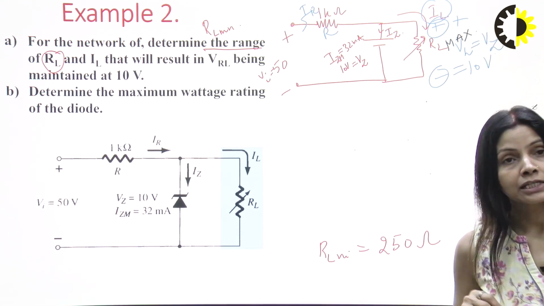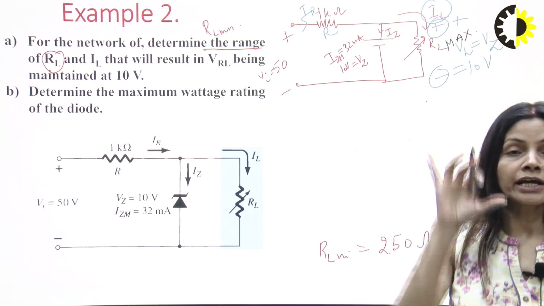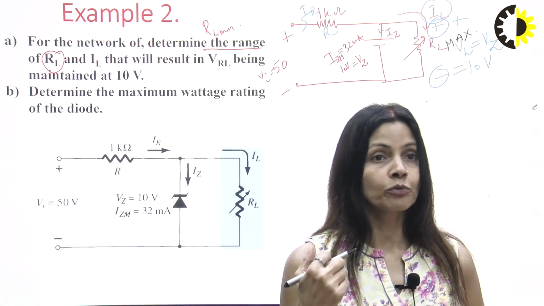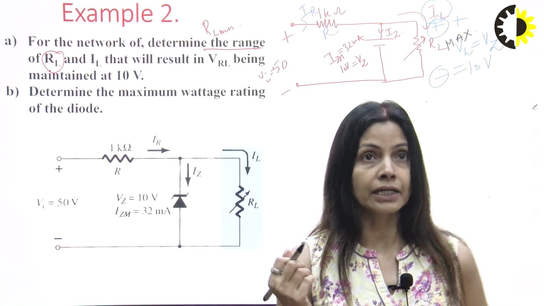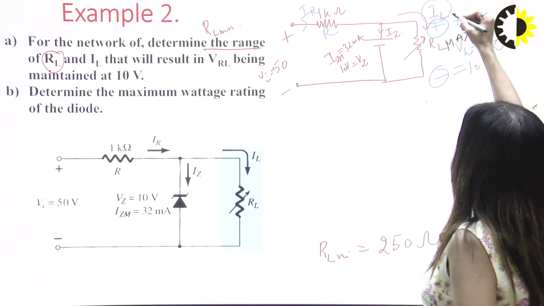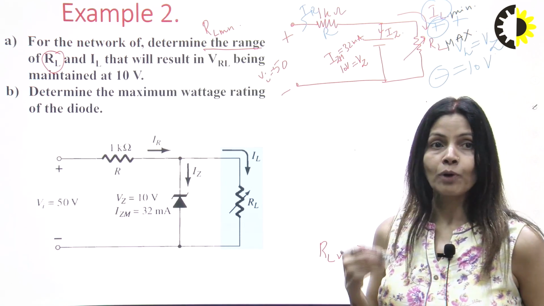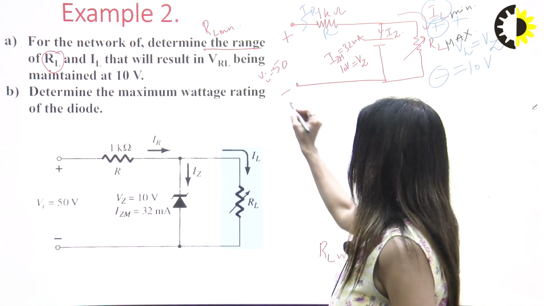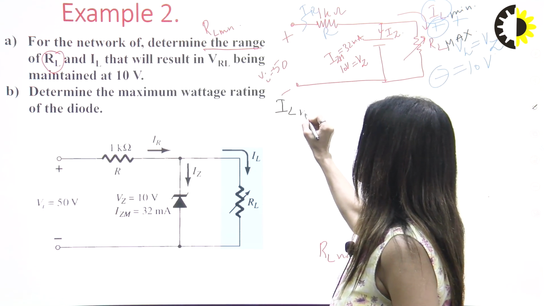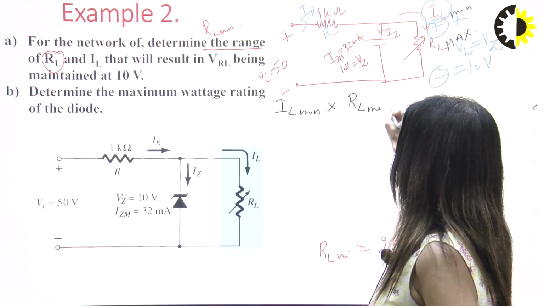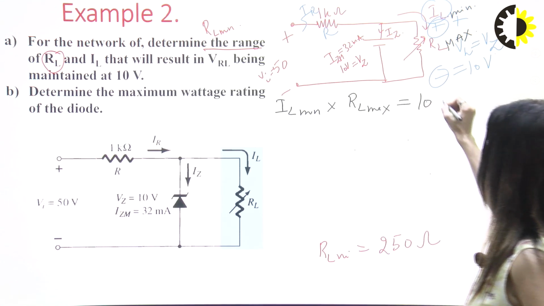If RL is maximum and the voltage across RL is fixed, then obviously the current flowing into the circuit should also be minimum. So IL minimum into RL maximum is equal to 10 volts.